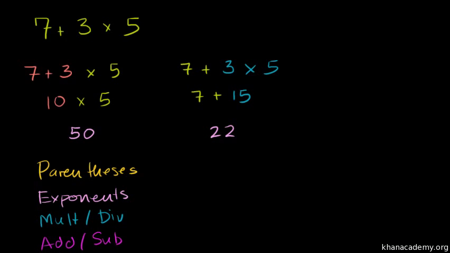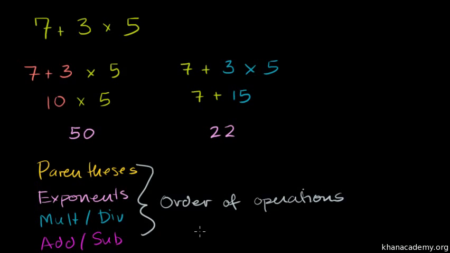So what is this order of operations? Let me label it. This right here, that is the agreed upon order of operations. And if we follow these order of operations, we should always get to the same answer for a given statement. So what does this tell us? What is the best way to interpret this up here? Well, we have no parentheses. Parentheses look like that, those little curly things around numbers. We don't have any parentheses here.